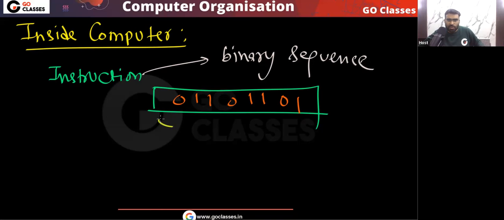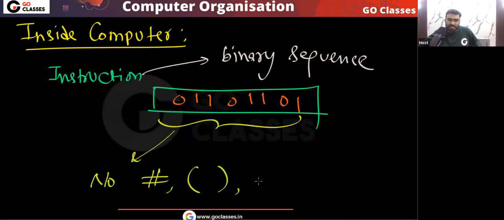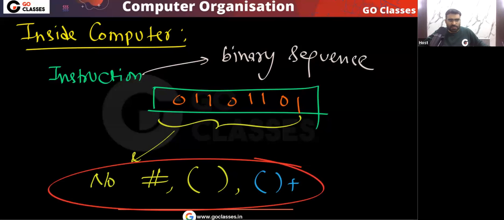Here there are no symbols. We don't have any hash symbol or these things. Is this clear? These things are not there here and will not help you.